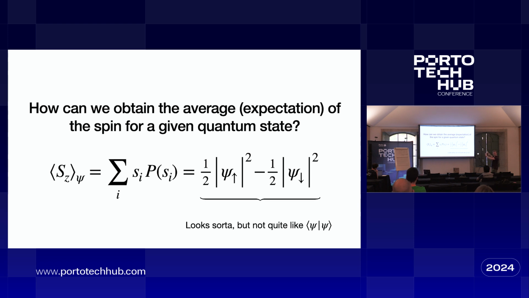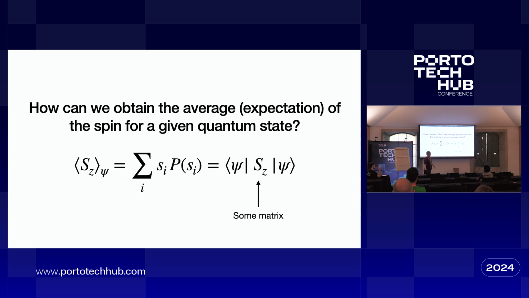It's quadratic, okay? It's going to have a bra and a ket in there, but something else, because I want to somehow get amplitude squareds to get probabilities out. So what is it? What it is, it's going to be a matrix.